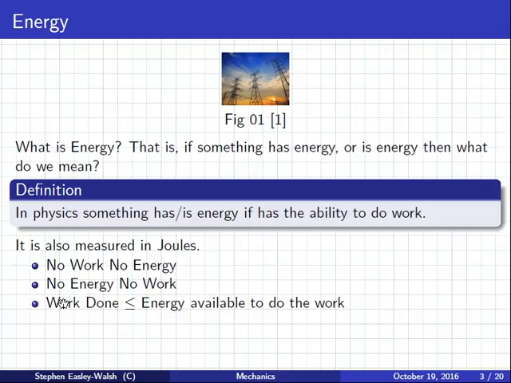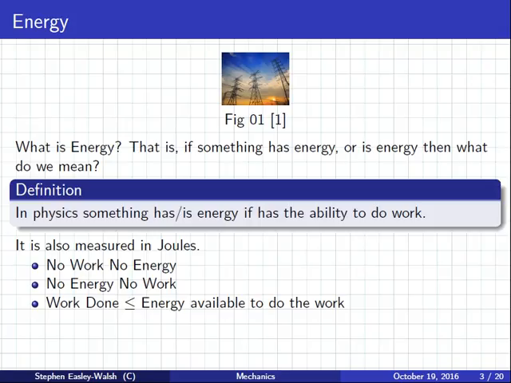The work done is always less than or equal to the energy available to do the work. So for example, if I have 1,000 joules of energy, this means I can do up to 1,000 joules of work. Doesn't mean I do all the work. Maybe I do 100 joules of work or 200 joules of work.